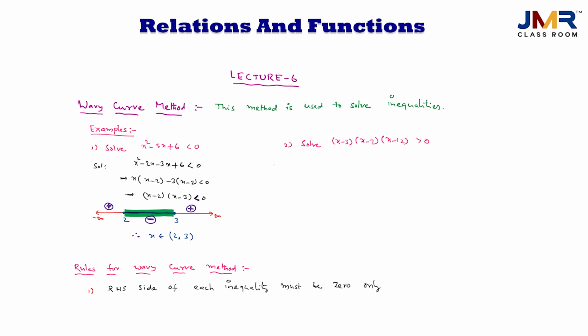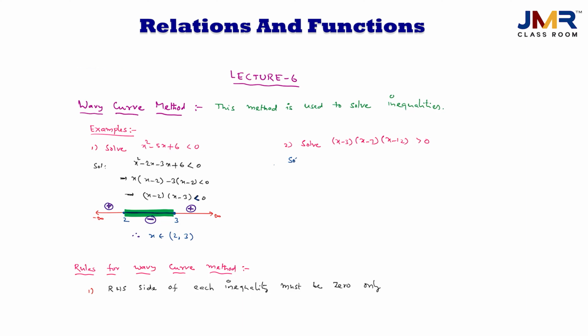After the last value of x, write the positive sign, then negative, positive alternately. If you have to find the solution set for less than 0, meaning negative, the negative portion is our solution. I hope you understood this solution very properly.